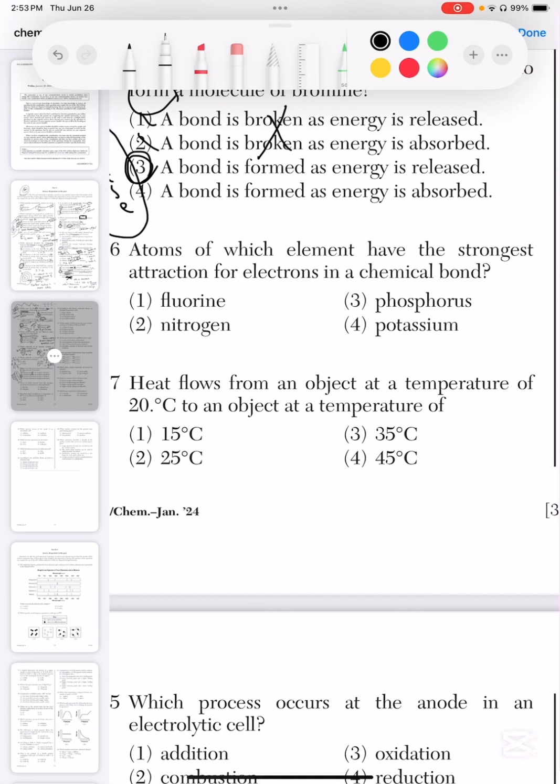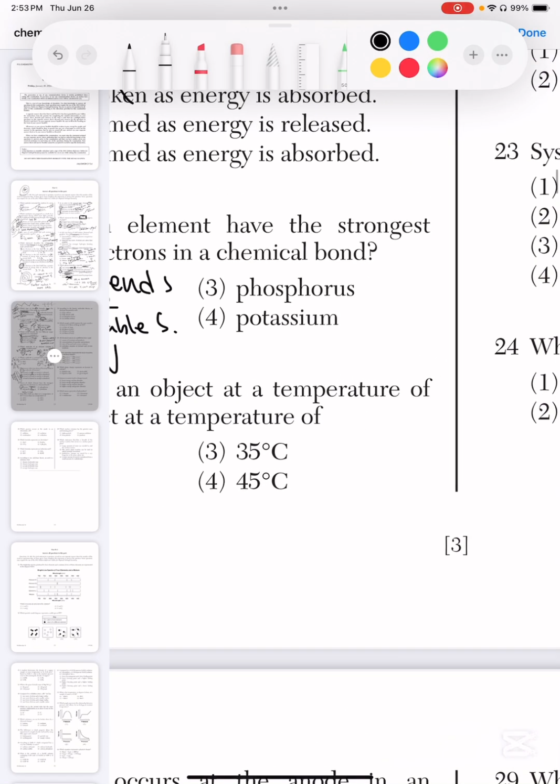Atoms of which element have the strongest attraction? Oh, so the highest. This one is fluorine. You can use periodic trends or Table S. In terms of periodicity, the trend for electronegativity, this is your periodic table, very rough drawing, increases this way.